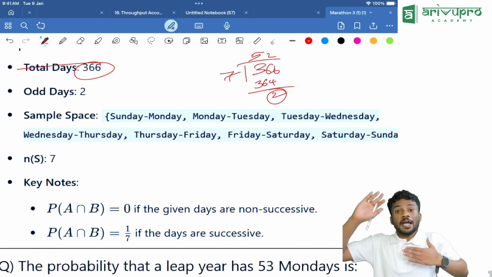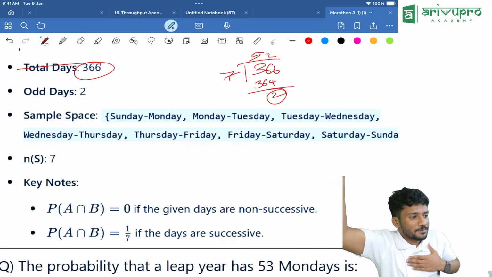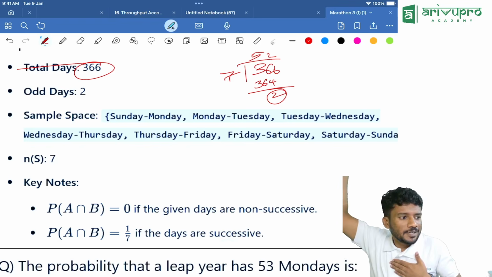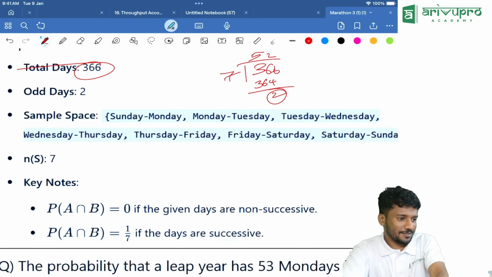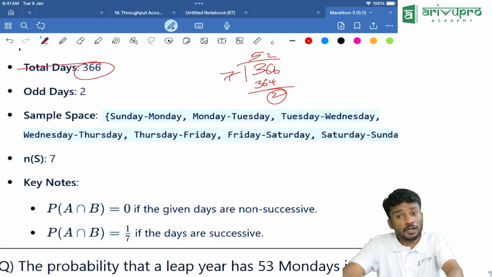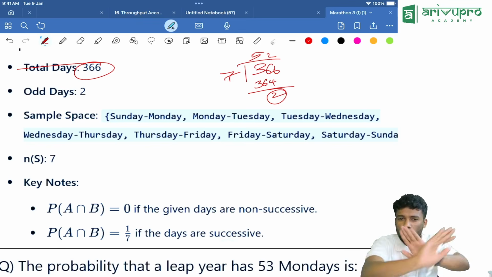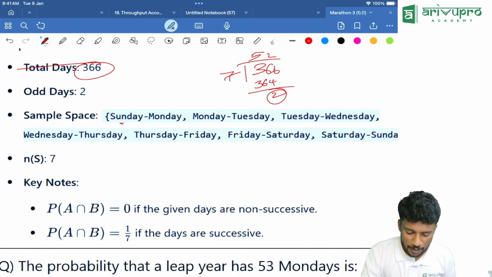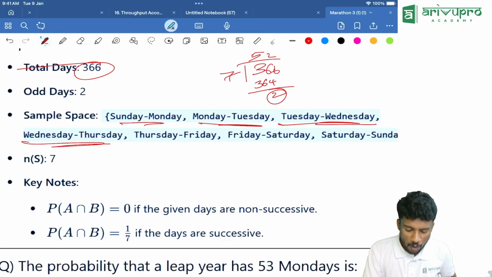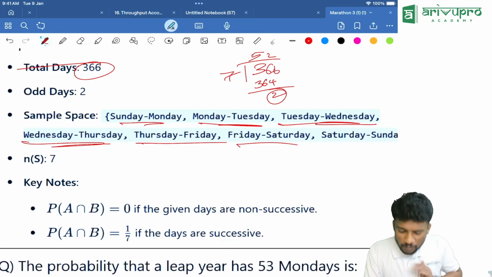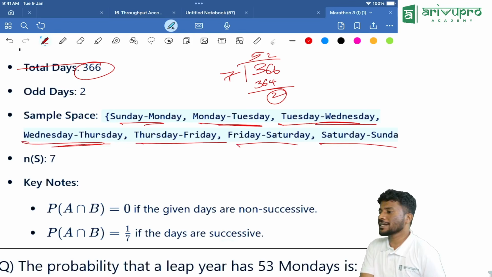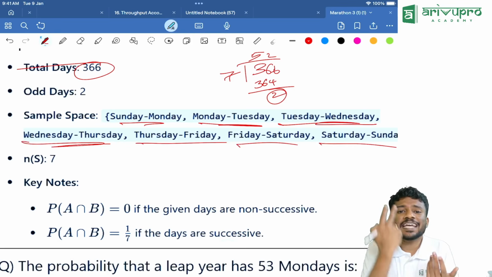Is Sunday, Friday possible? No, because after Sunday it should be Monday. It cannot be Friday. After Sunday, it is Monday. Then Monday, Tuesday. Then Tuesday, Wednesday. Wednesday, Thursday. Or Thursday, Friday. Or Friday, Saturday. Or Saturday, Sunday. These are the possibilities for the extra 2 days.